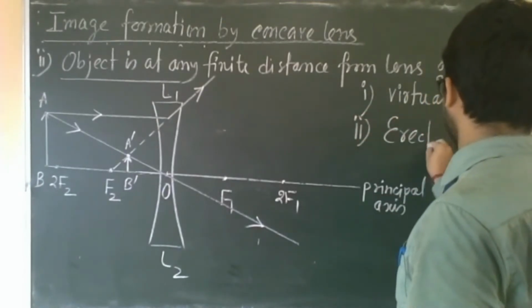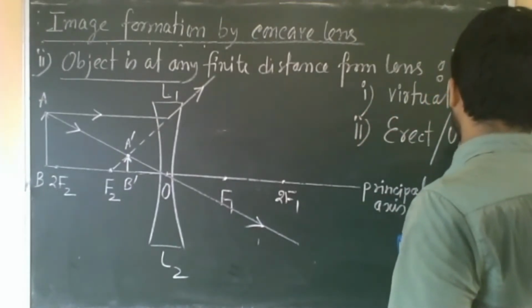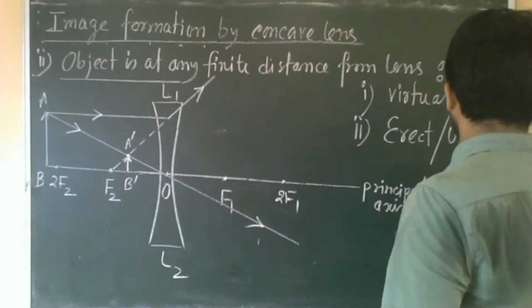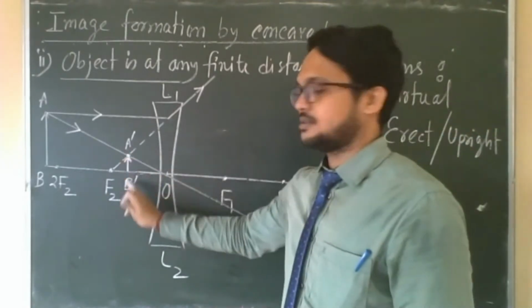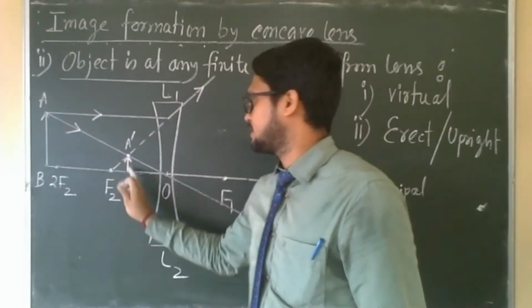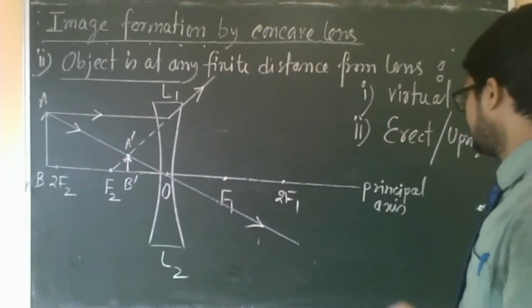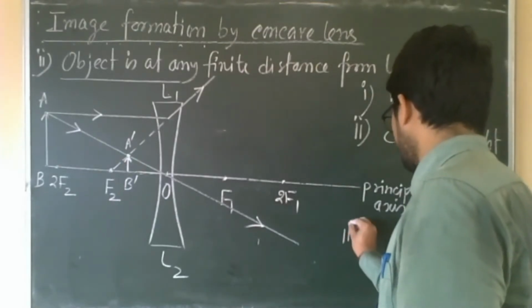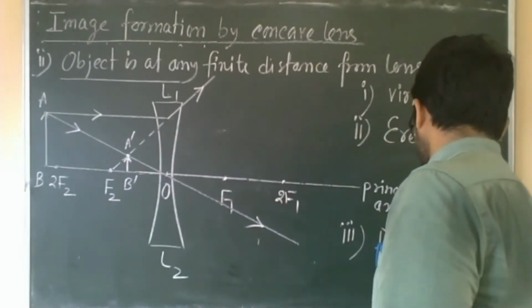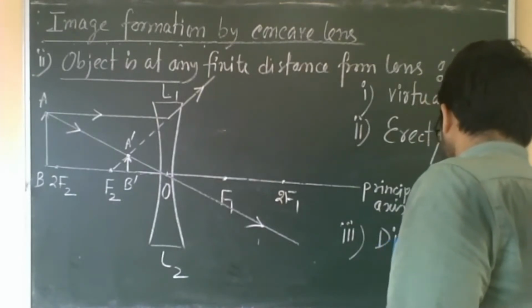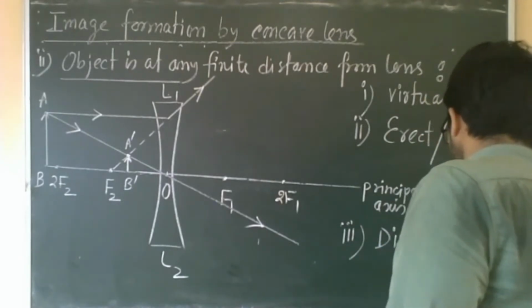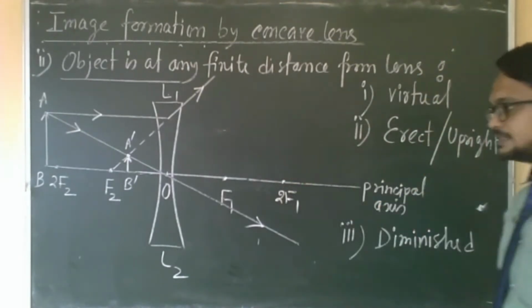Here the arrow is upward, and here also the arrow is upward. The third property is diminished, a smaller image.